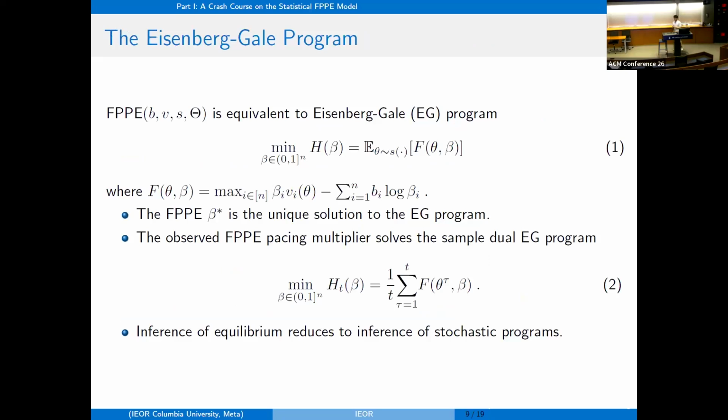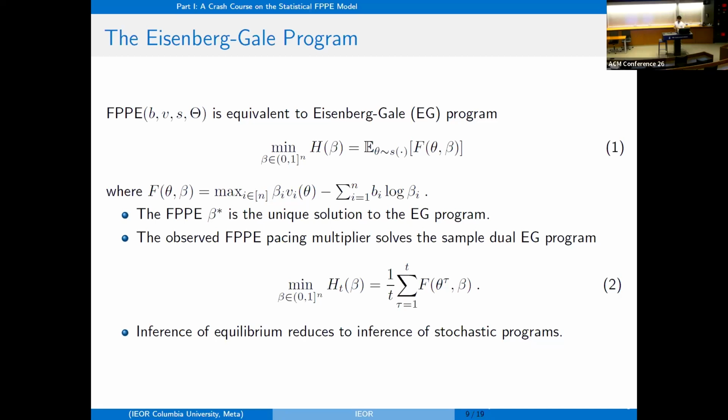And the tool we use to prove this central limit theorem is the following convex program characterization. So it turns out that FAPE is equivalent to the Eisenberg-Gale program. So it's a constrained optimization program. The constraint set is in 0 and 1. So this is consistent with the previous definition.